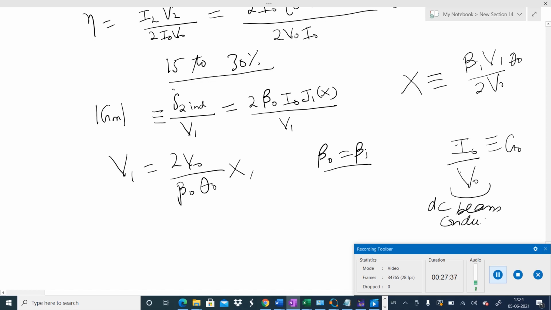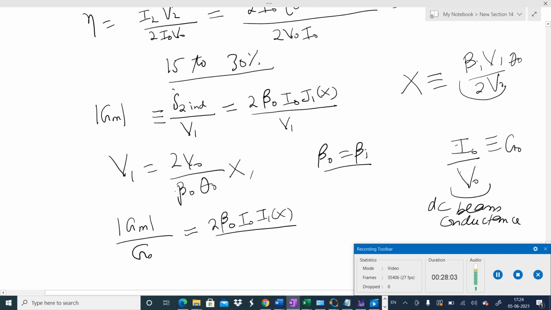DC beam conductance. So what I can do is divide this equivalent mutual transconductance of klystron amplifier by this DC conductance, which will be equal to twice beta naught I naught J1 of x divided by, now substituting this expression, 2 times V naught x and here beta naught theta naught.